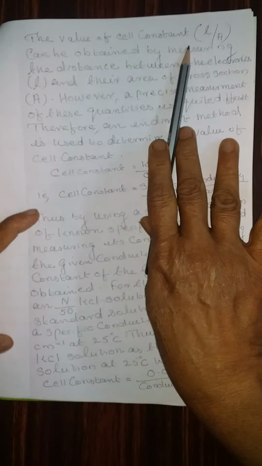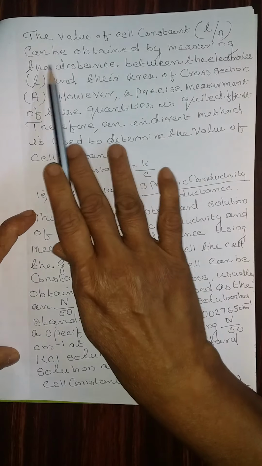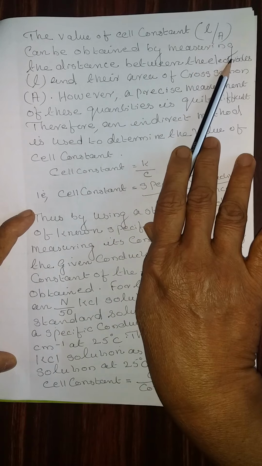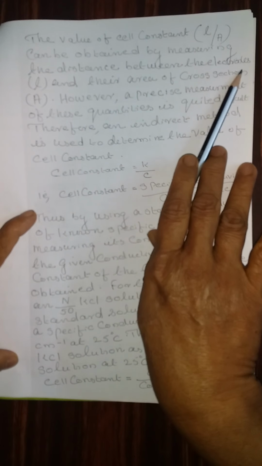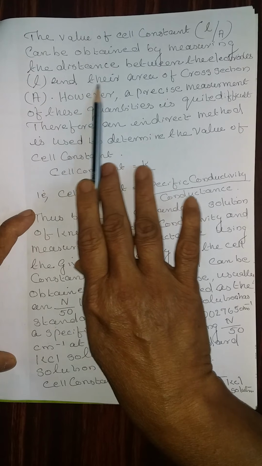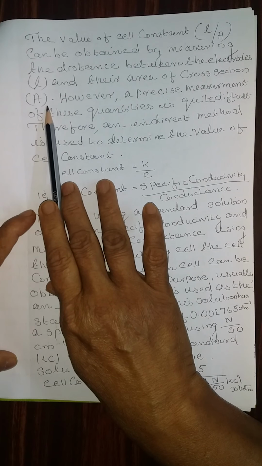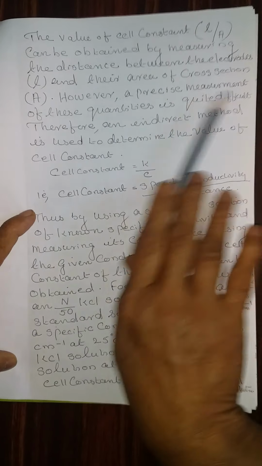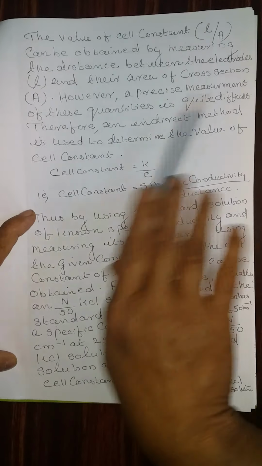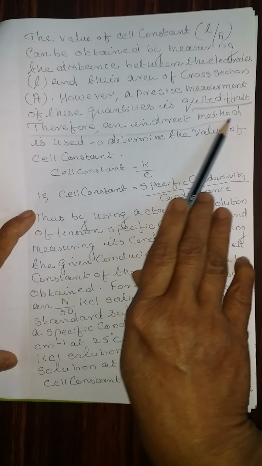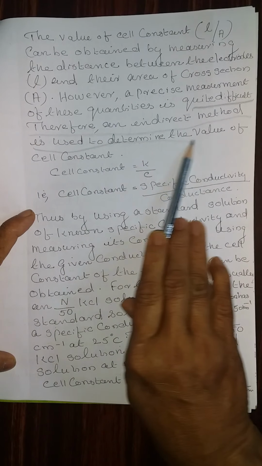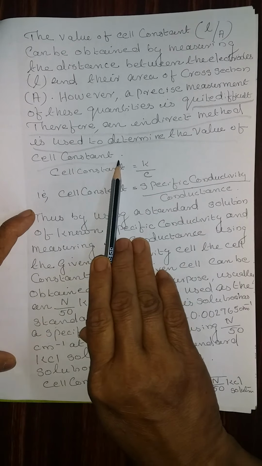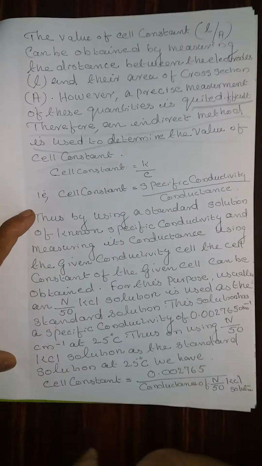The value of cell constant l by A can be obtained by measuring the distance between the electrodes l and the area of cross section A. However, a precise measurement of these quantities is quite difficult. Therefore, an indirect method is used to determine the value of the cell constant. It is very difficult to measure the cell constant each time.